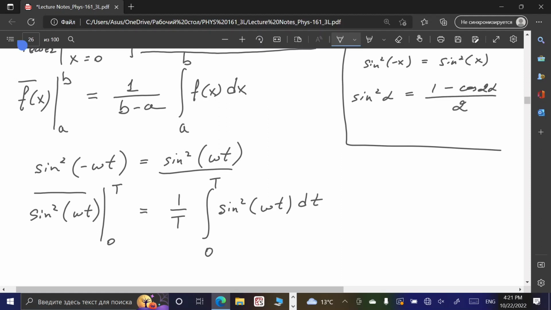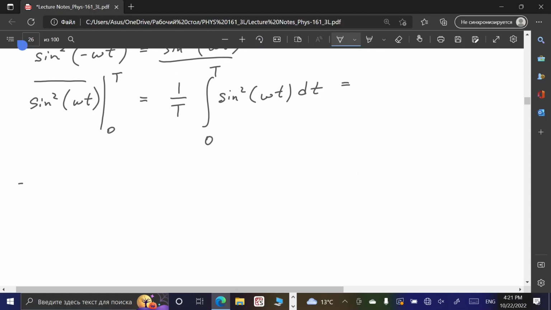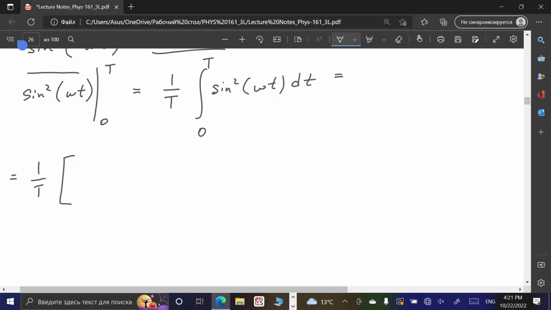So we can split this integral into two components, and that will be the following: 1 over T, 1 half integral from 0 to T dt, minus 1 half integral from 0 to T cosine 2 omega t dt.